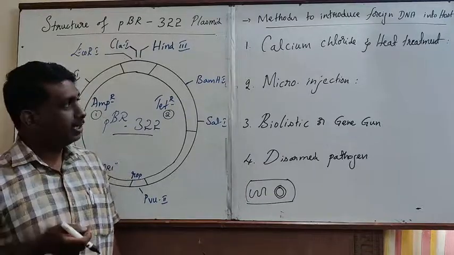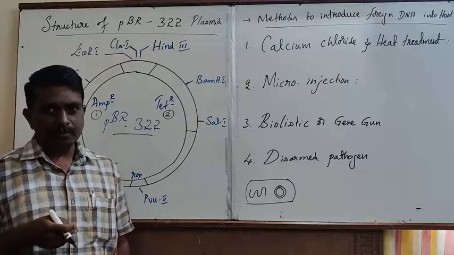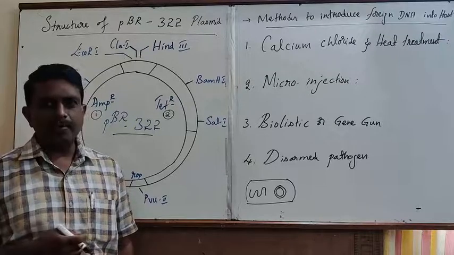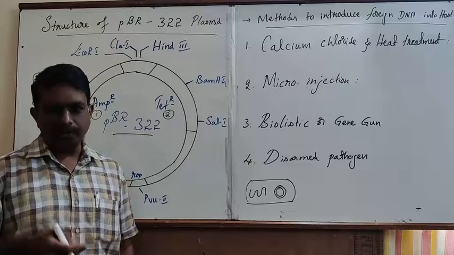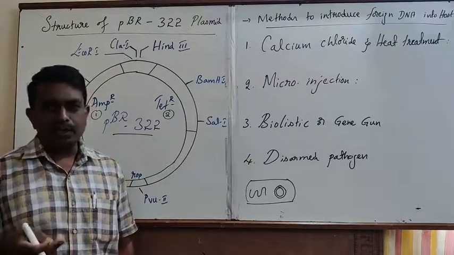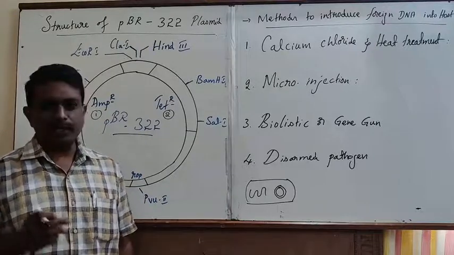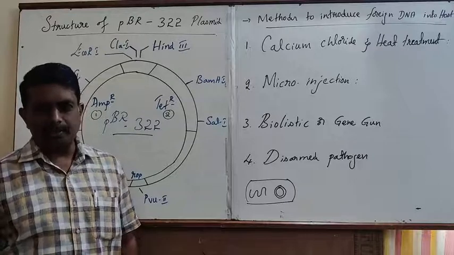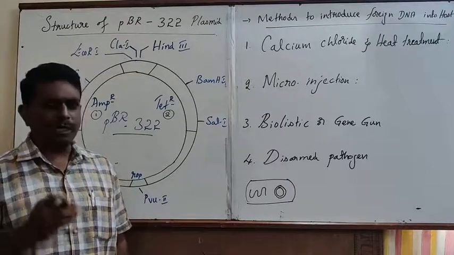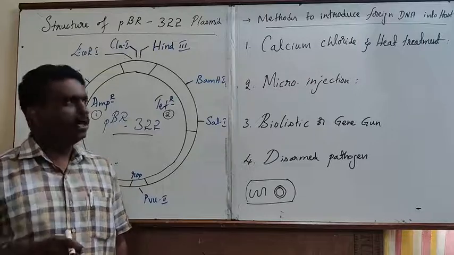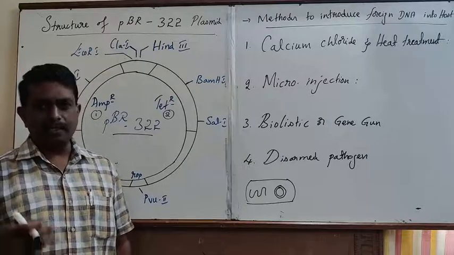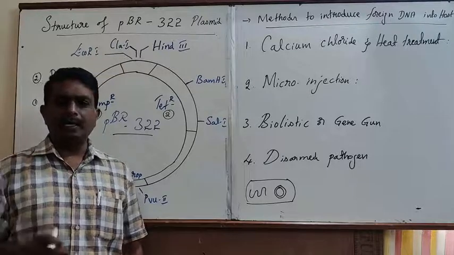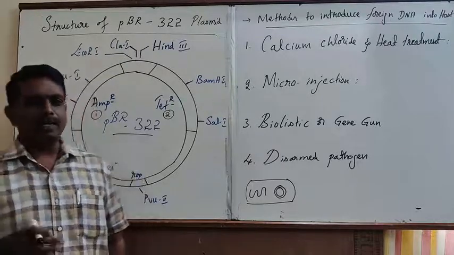When bacteria is treated with calcium chloride, it results in a sudden loss in permeability, followed by the heat shock at a temperature of about 42 degrees Celsius. Once the heat shock is done, it is subjected to cold treatment by placing them on the cold pack. When it is subjected to cold pack, it results in the depolarization of the cell membrane.